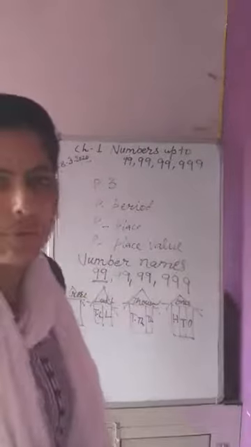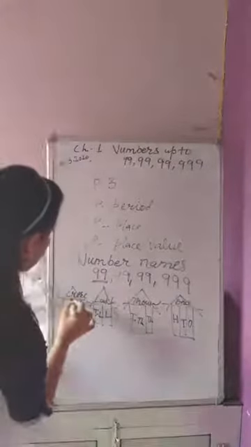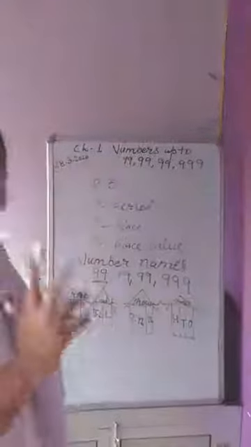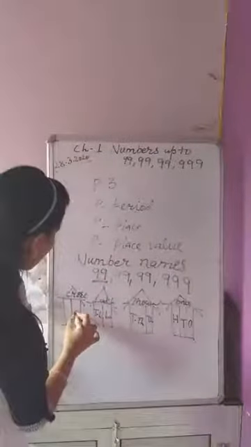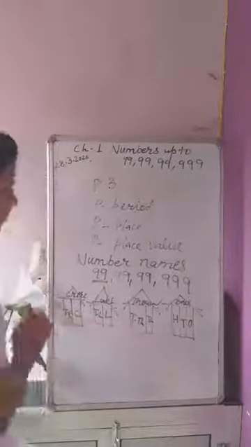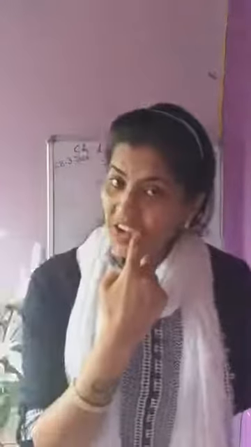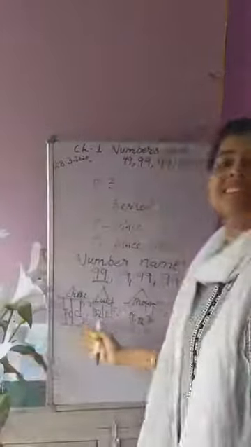C-R-O-R-E, crore. And it also has two rooms. The first is crore and the second is 10 crore. So in this way, you can learn it very easily.